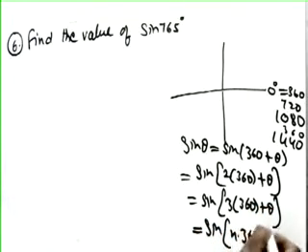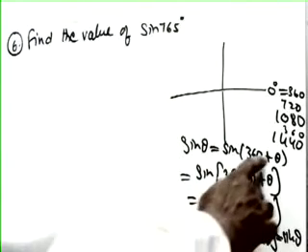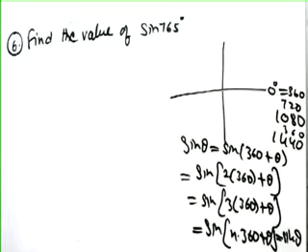We can write it like this: sine of n into 360 plus theta is nothing but sine theta. Similarly, cos of n into 360 plus theta is cos theta, where n is any integer. Tan of n into 360 plus theta is tan theta. That means the same value it will be.